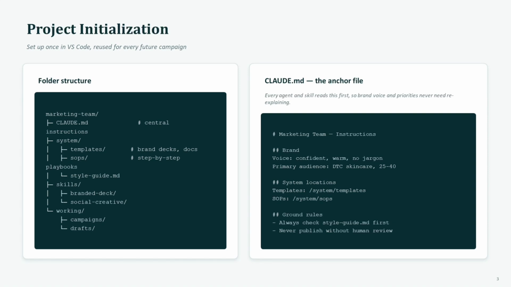So maintain this hierarchy of folders and files so you can avoid errors. And in Claude.md, the anchor file, the main file, you need to write that every agent and skill reads this first, so the brand voice and priorities never need re-explaining. So before you go ahead, write this in your Claude.md.